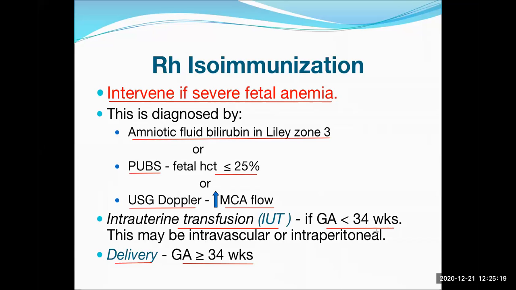Let's go for that. But once the baby is equal to or more than 34 weeks, there is less chance of complication even if the baby is delivered. So let's go for the delivery. This is the main principle here. And this intrauterine transfusion may be intravascular or intraperitoneal, mainly intravascular.